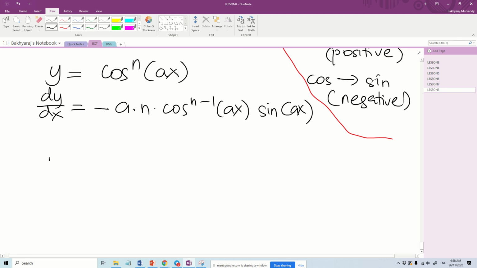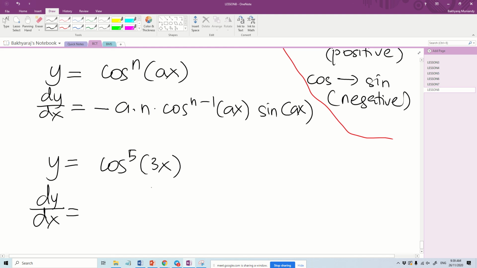Okay, so again I give you a simple problem. Y equal cos^5(3x). Okay, so what will be my answer? My answer will be dy/dx will be equal, okay, I get negative 3 because A saya ialah 3.